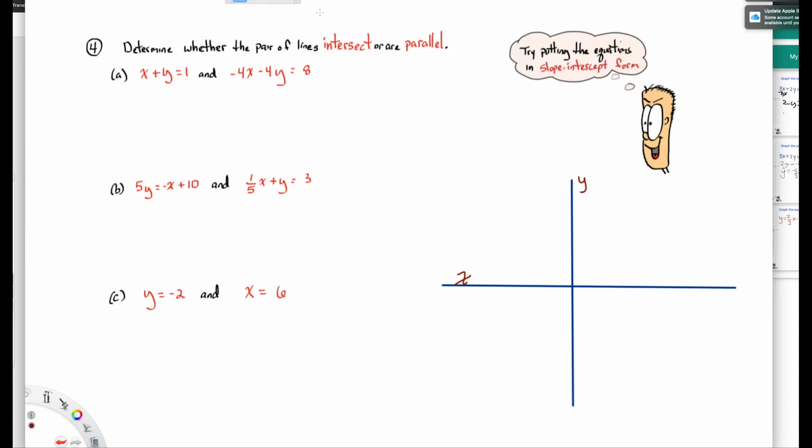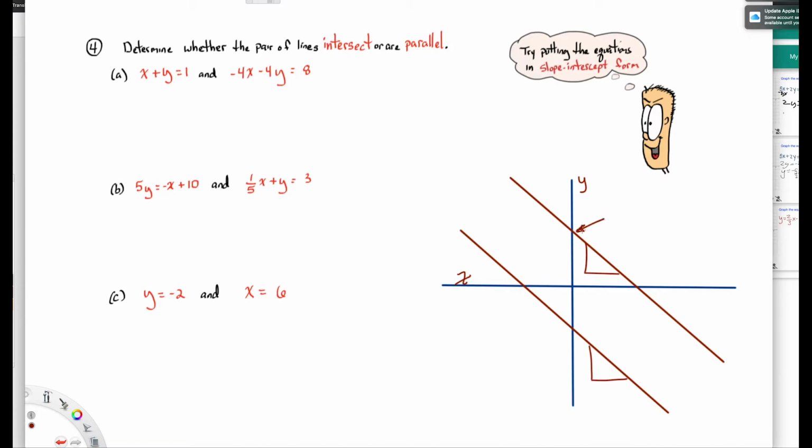If we have lines that have the same slope, so the rise over run is the same for both lines, then they're going to be parallel.